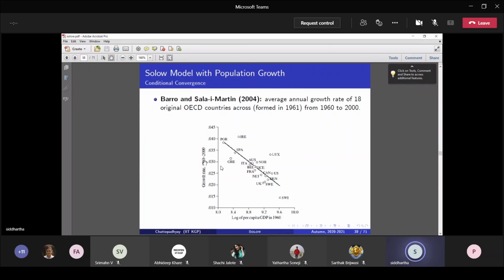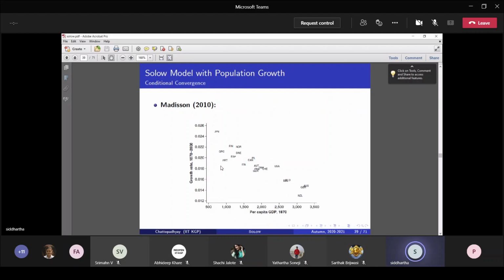This is for 40 years only. The next figure is from 1870 per capita, and what they have taken here is 1870 to 2008, more number of years. Similar countries again, OECD developed countries. You see over here a clearly negative trend.